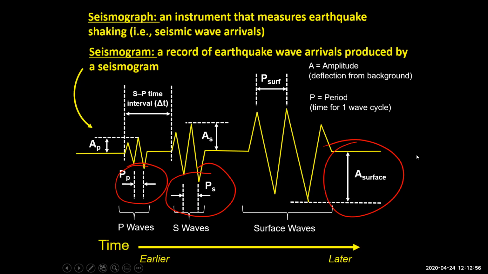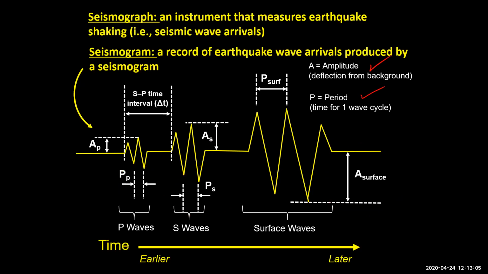So in summary then, make sure when you're given a seismogram record like this that you know how to measure wave amplitude and also wave period. One last measurement that's important is what's called the S minus P time interval, or delta T. That triangle symbol there is the Greek letter delta.